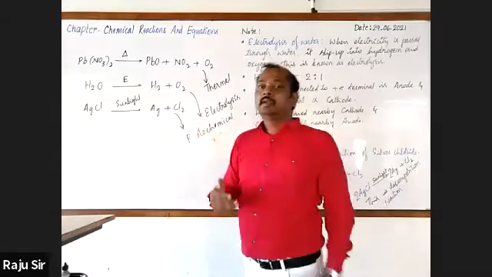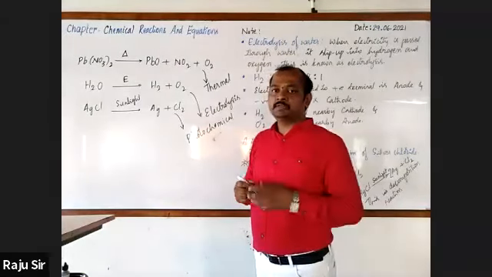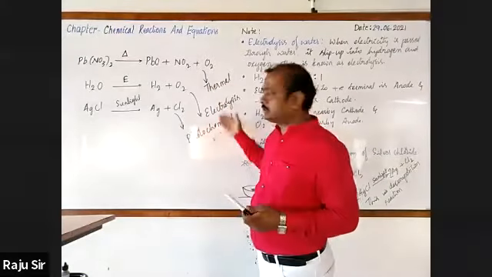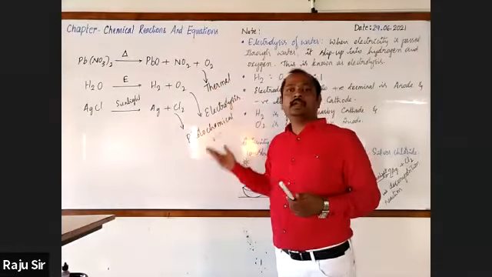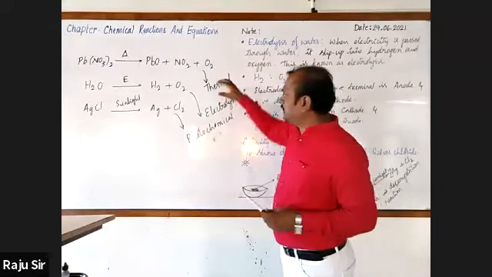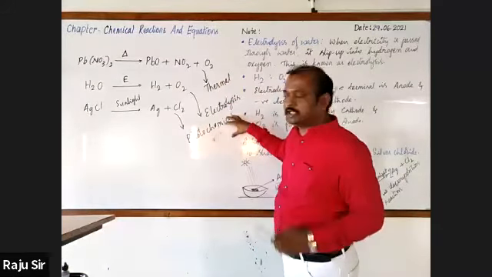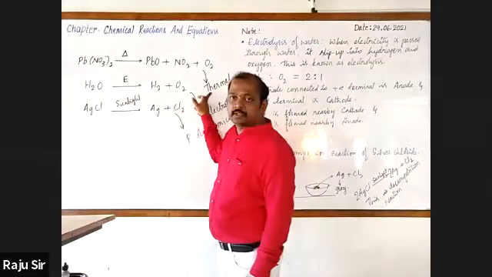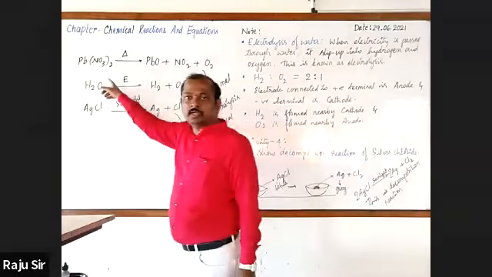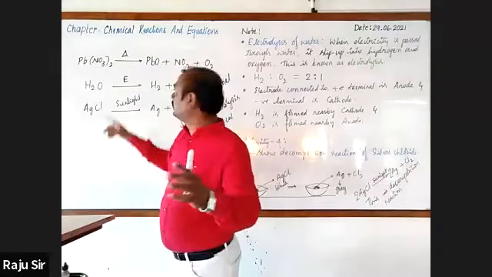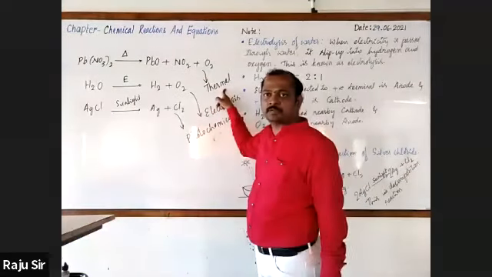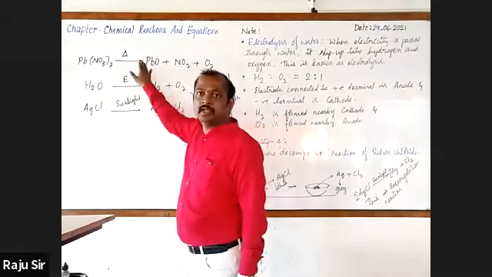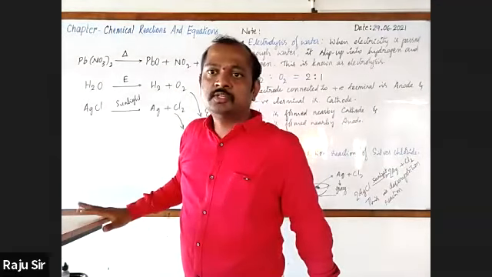And the name that has been given for each of these chemical reactions are these: thermal decomposition reaction, electrolysis, and photochemical reaction. Let me just give you the definitions of these. First one, thermal decomposition. The decomposition reaction which is carried out by supplying heat is called thermal decomposition reaction. And this is an example.